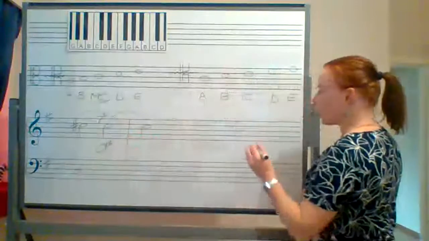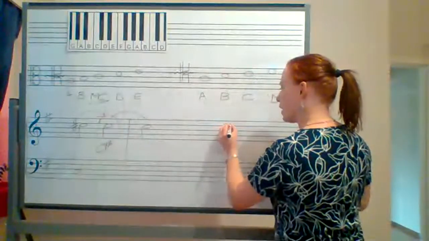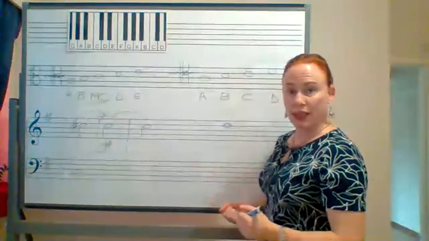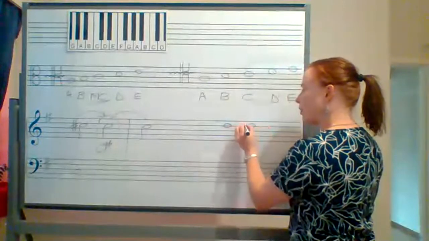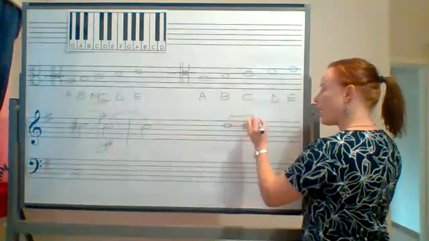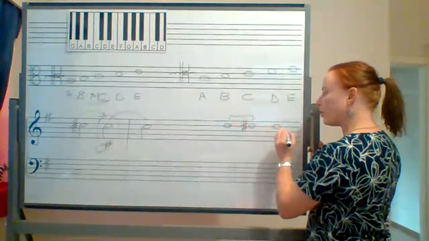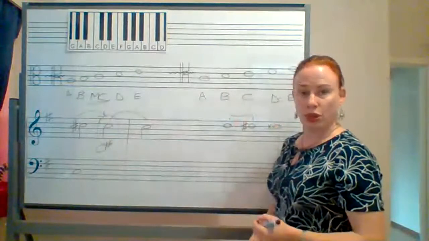Now, if we look at a note, and I'm still in the treble clef here, we have, say, for example, D. If we go a semitone higher, we're going to have D sharp. So that's a semitone. And if we go another semitone higher, we're going to have a D double sharp.